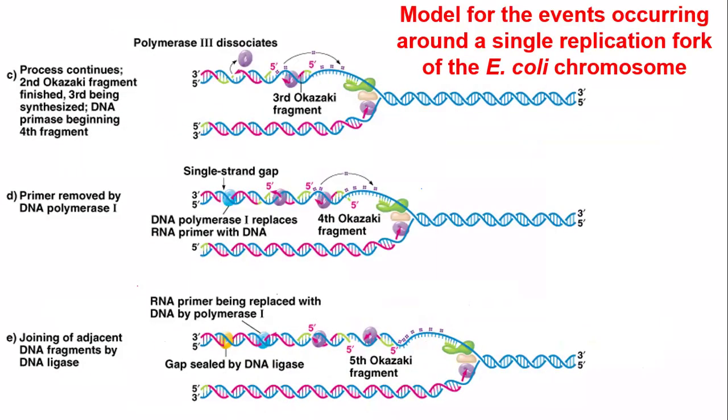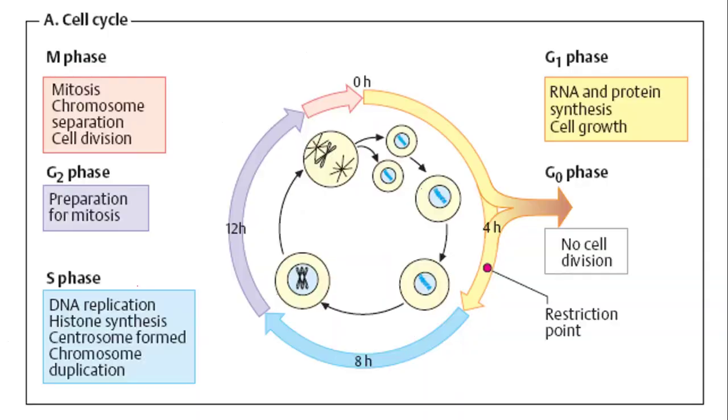Then here you have C, the process continues, second Okazaki fragment, the RNA primer removed by DNA polymerase 1, and then E, joining of adjacent DNA fragments by DNA ligase. Recall that DNA ligase is usually the last enzyme to operate, sealing the final nick.